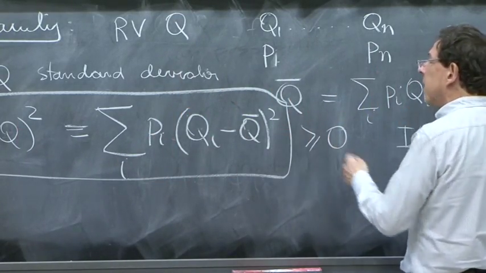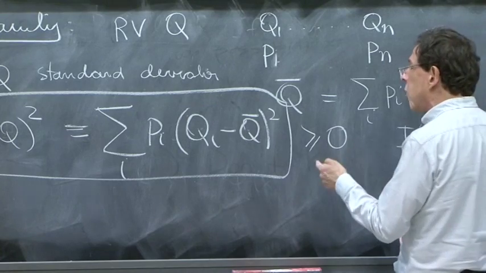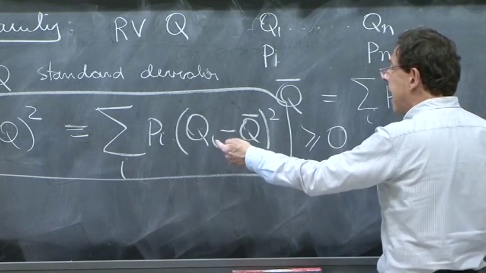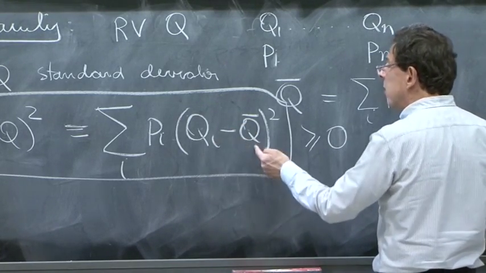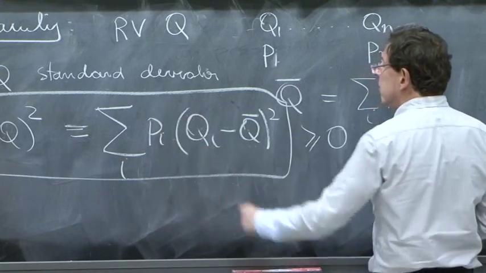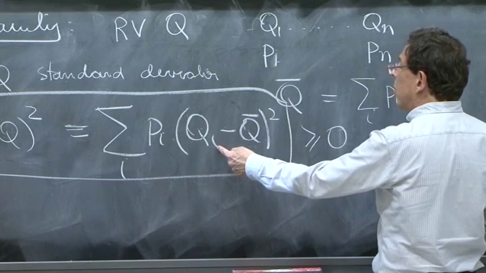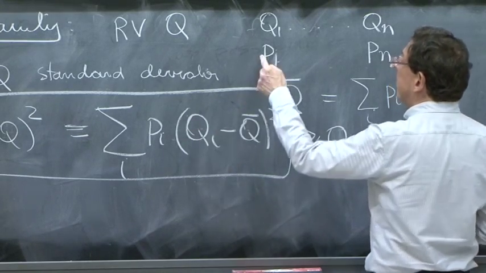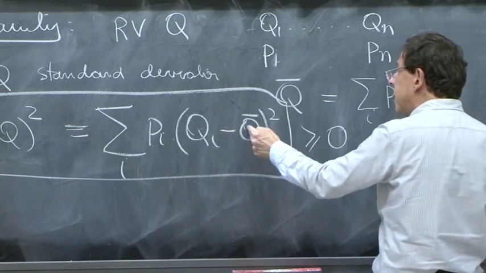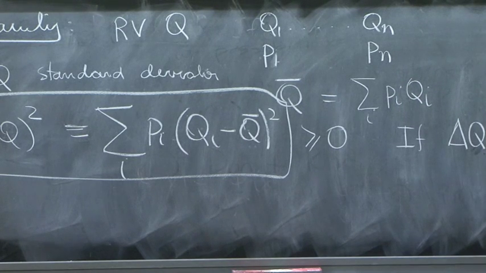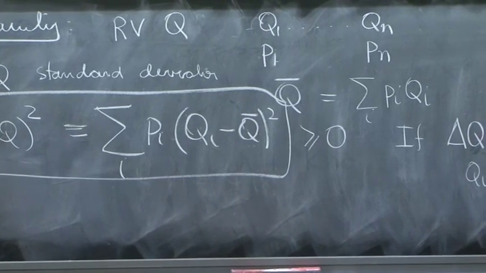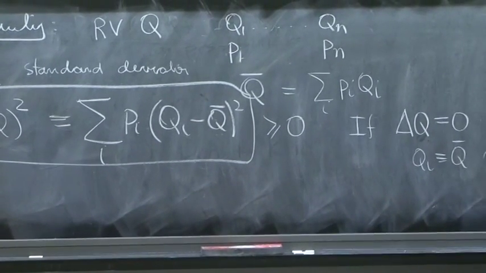But each term here is positive, so each term must be 0, because if any one of them was not equal to 0, you would get a non-zero contribution. So any possible Qi that must have a Pi different from 0 must be equal to Q bar. So if delta Q is equal to 0, Qi is equal to Q bar, and it's not random anymore.